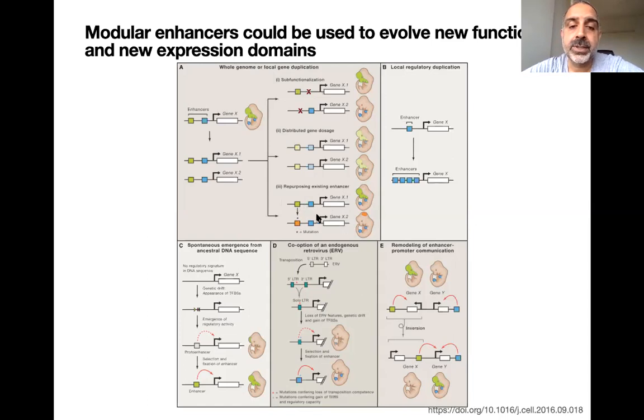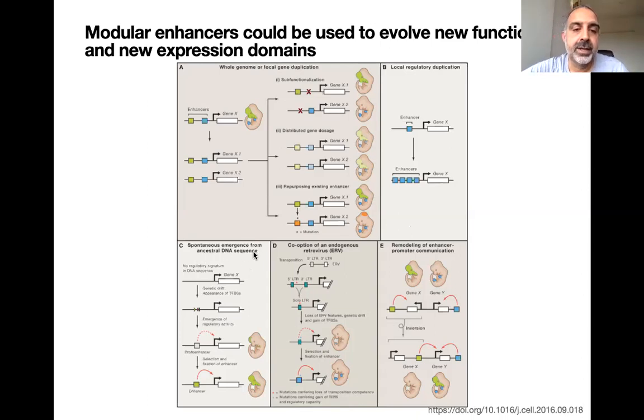Maybe X.2's face enhancer has gained a mutation which now drives expression in the midbrain, allowing gene X to be functional in the midbrain and allowing maybe new activities and new functions to be ascribed to gene X just in the midbrain.